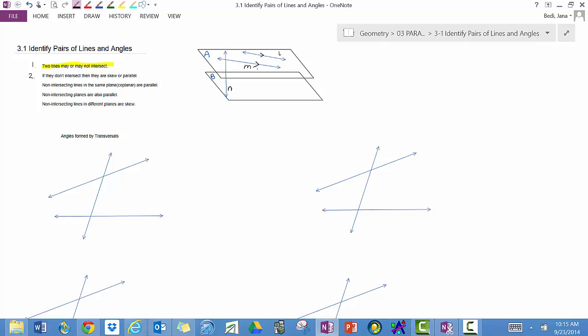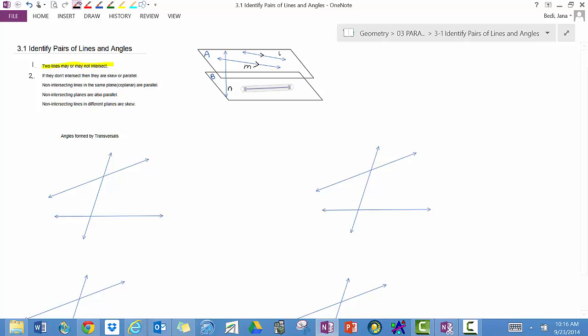Skew lines. Two lines are skew lines if they do not intersect and they are not coplanar. So let me draw a line in this plane.